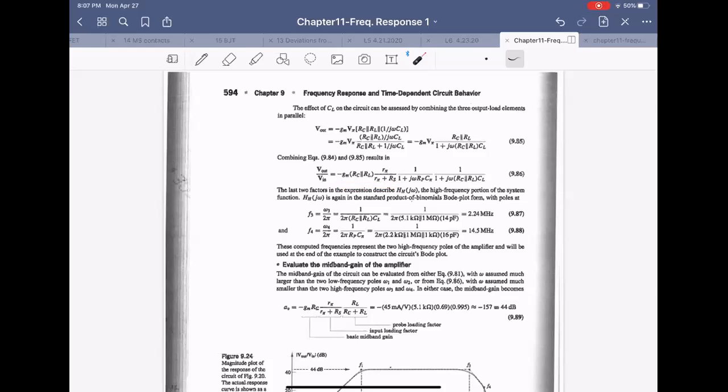Actually, this is the midband gain. So for F3, we make this 1 plus j and 1 plus j, this to be 1. That frequency, putting in all these numbers, is 2.2 megahertz. F4, where this becomes 1, is 14.5 megahertz.